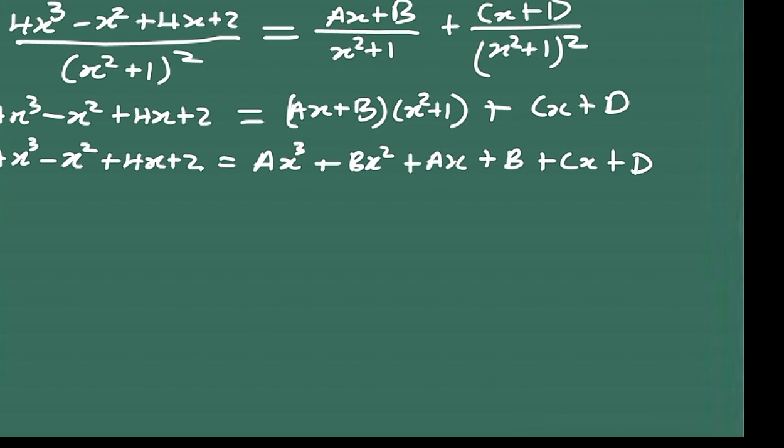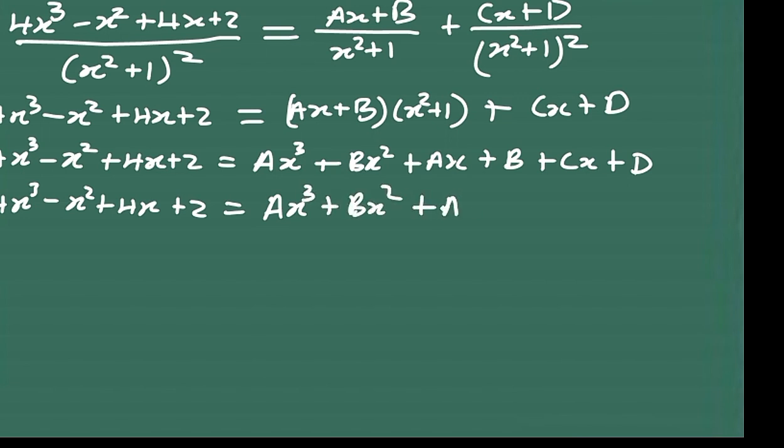However, let's just rearrange this expression. So rearranging it, this will be 4x cubed minus x squared plus 4x plus 2 equals ax cubed plus bx squared plus ax plus cx plus b plus d.